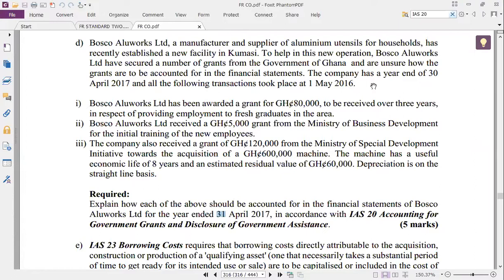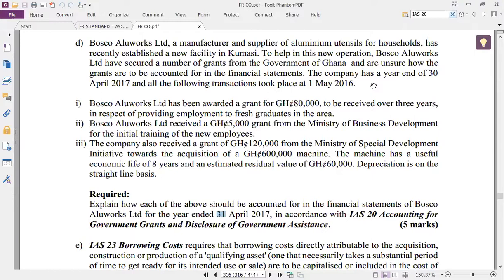The company has a year-end of 30th April 2017, and all the following transactions took place on 1st May 2016, so it's still within the year. That's the beginning of the financial year.